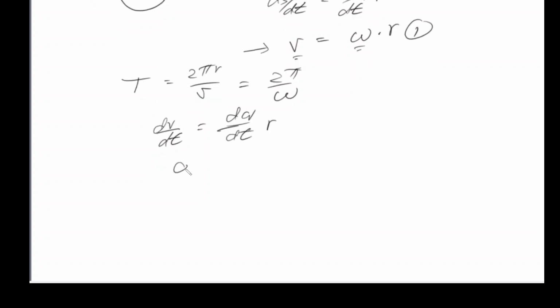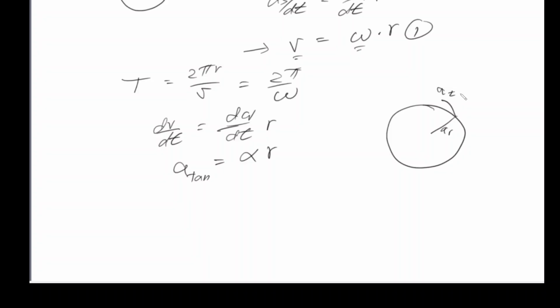Or we get acceleration is equal to angular acceleration times r. But in this case, this acceleration is tangential. So let's draw another circle. We have acceleration radial and acceleration tangential.